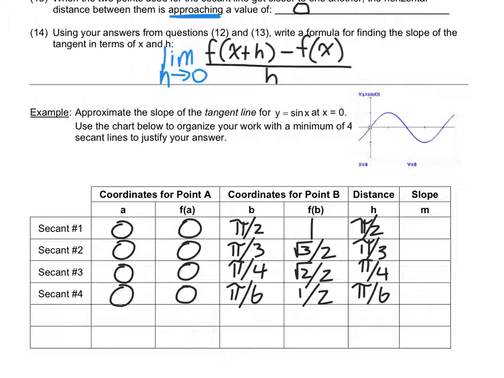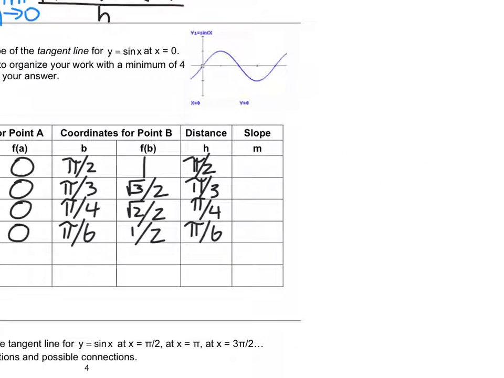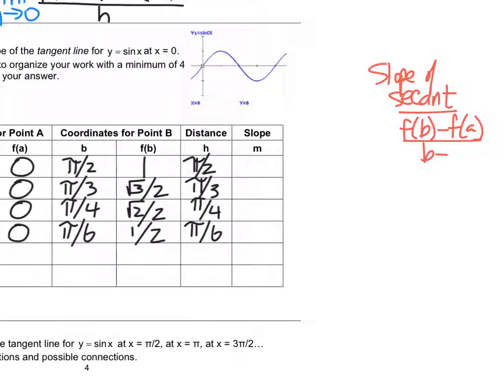All right, so we need change in y over change in x. But we discovered earlier, and that was kind of the point, slope of the secant, I'll write it down here again, f of b minus f of a over b minus a.